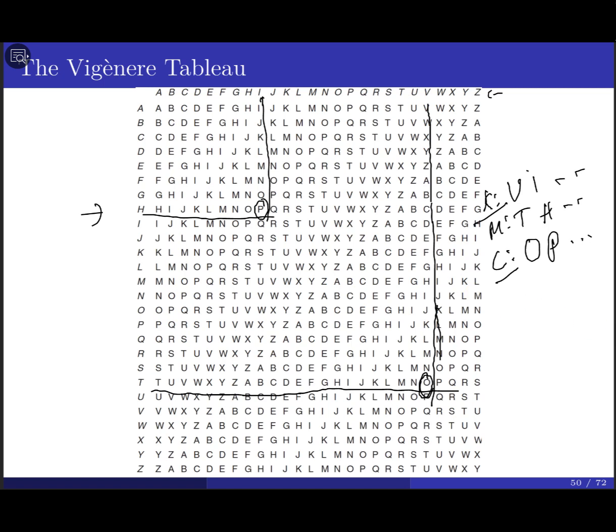I need to use a different color here just to make sure that you can see the difference. In order to decrypt this one, you're going to use one letter from the key and one letter from the ciphertext, and use them as indexes. I'm going to use the letter from the keyword as an index for the column, which in this case is V. Then I need to reverse the operation.